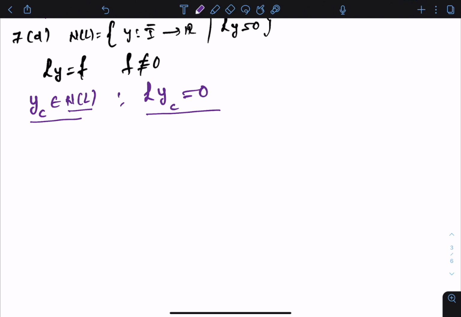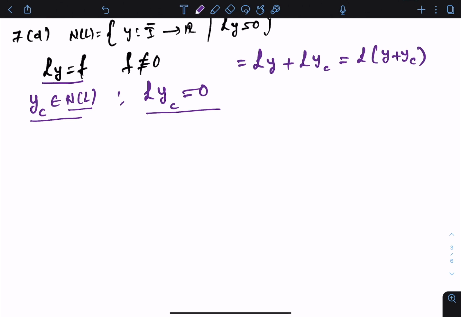If that is the case, in this equation Ly, I could add Lyc, and by linearity, this is L of y plus yc.